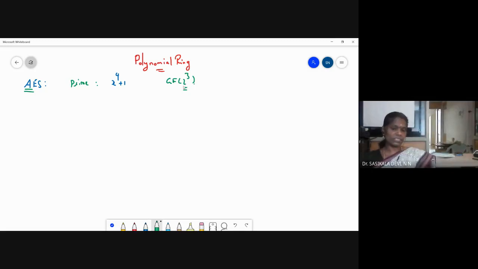What is the meaning of this? The element is to be represented as a polynomial with the x power 3 coefficient, x power 2 coefficient, x power 1 coefficient, x power 0 coefficient. But actually, what are the coefficients?